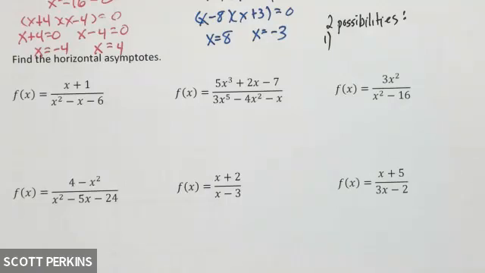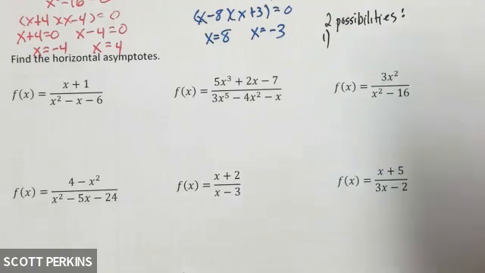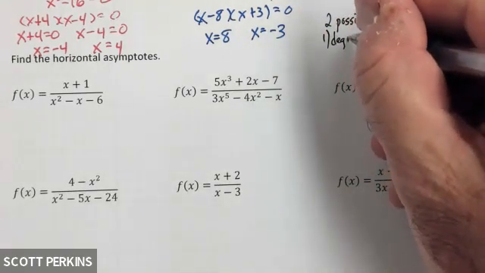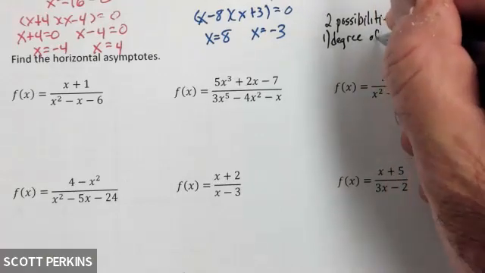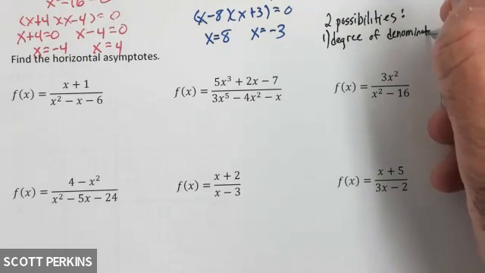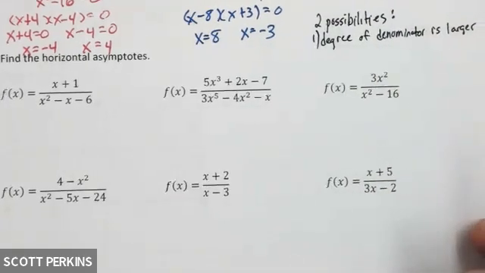The degree, meaning the highest power of the denominator, is bigger than the degree or the highest power of the numerator. So the first possibility is the degree of the denominator is larger. Okay, that's how I'm going to summarize it.